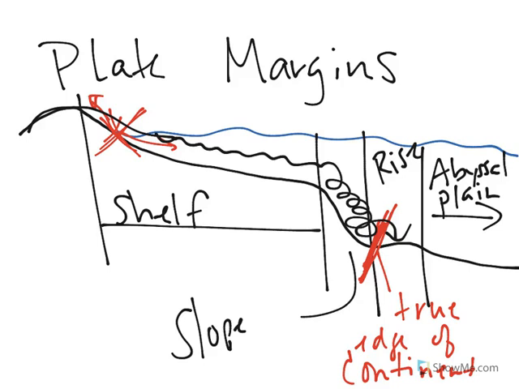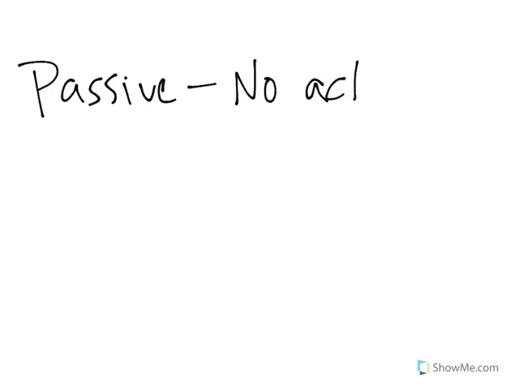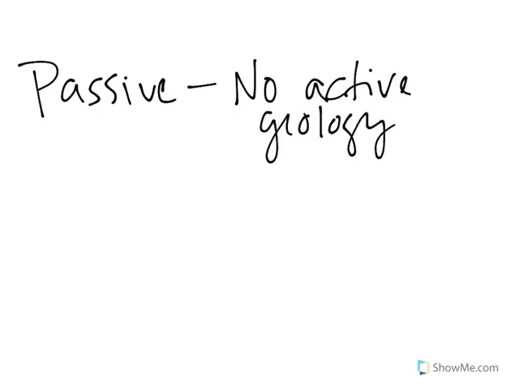So I want to talk about the differences between an active and a passive margin. So in a passive margin, we have no active geology. There are no earthquakes, there are no volcanoes, there's really not a lot going on.